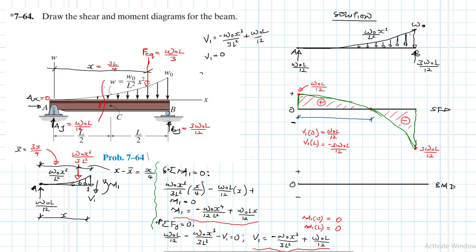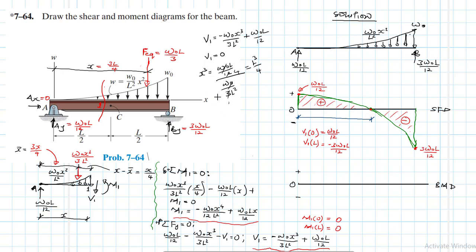Therefore, we expect x cubed equal to W naught L over 12 divided by W naught over 3L squared. So this and this go. 3 there, 1, 3 there, 4. And then finally what we have is going to be equal to L cubed divided by 4.